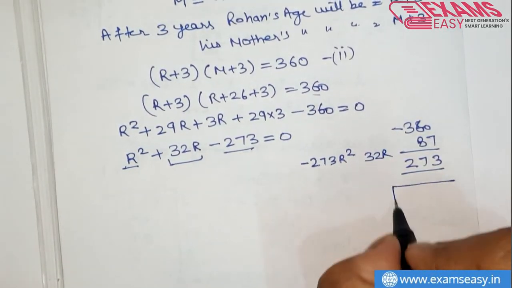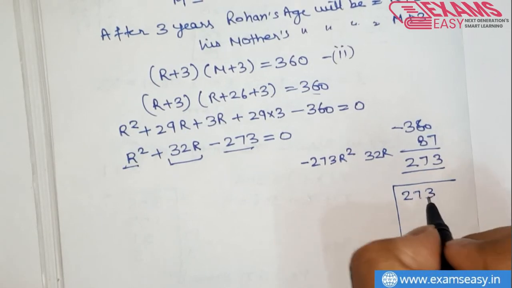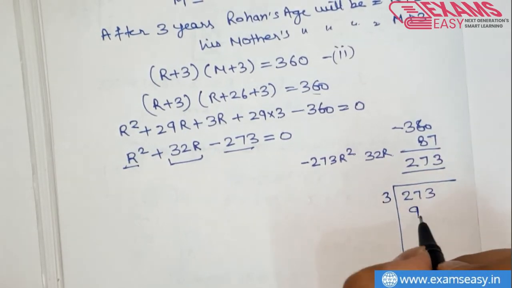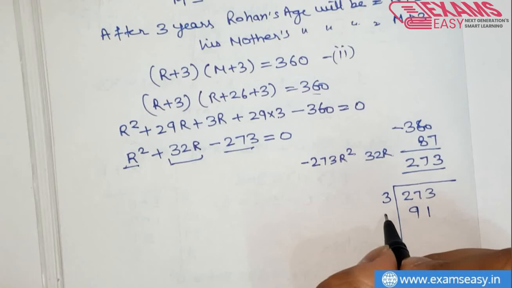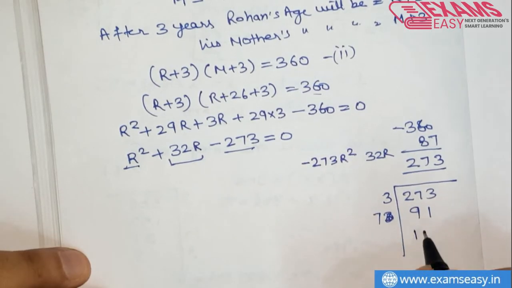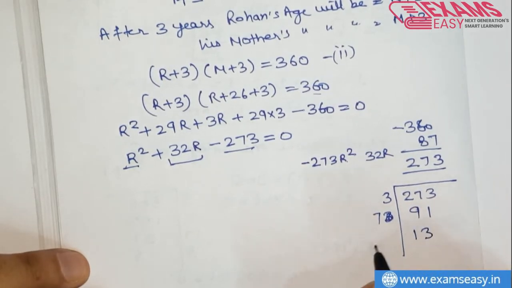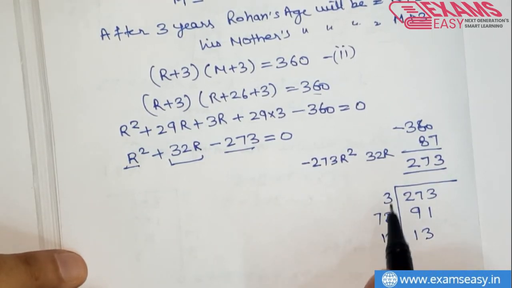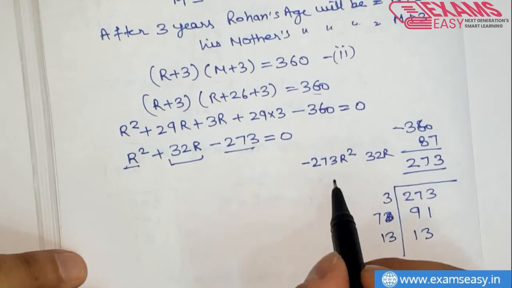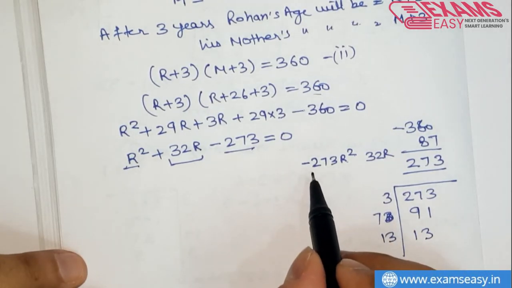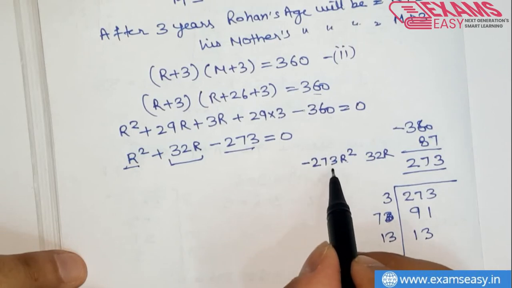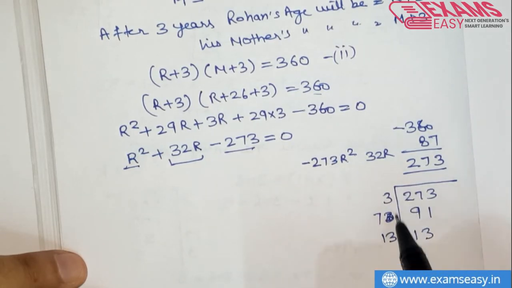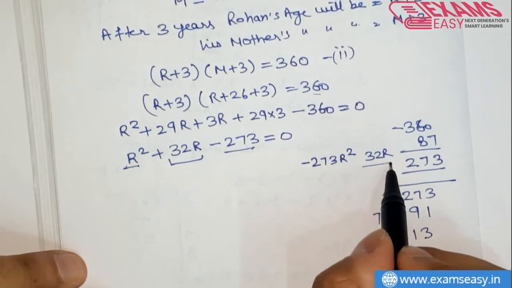So let us find the factors of 273. 3 into 91, then 7 into 13 is 91. So we have got three factors and we have to choose two numbers in such a way that the product of those numbers will come to 273 and their sum or difference should come as 32.